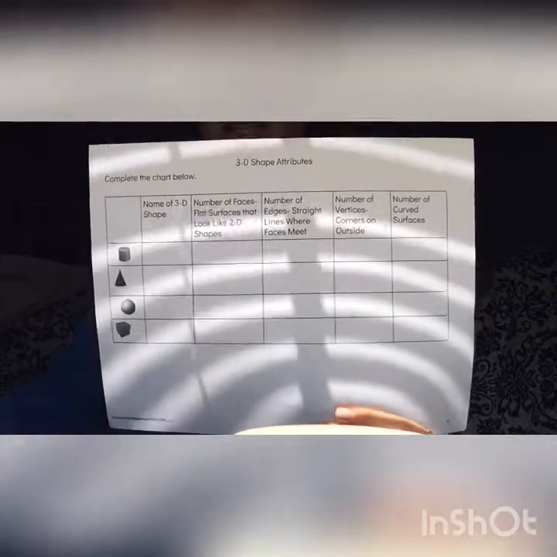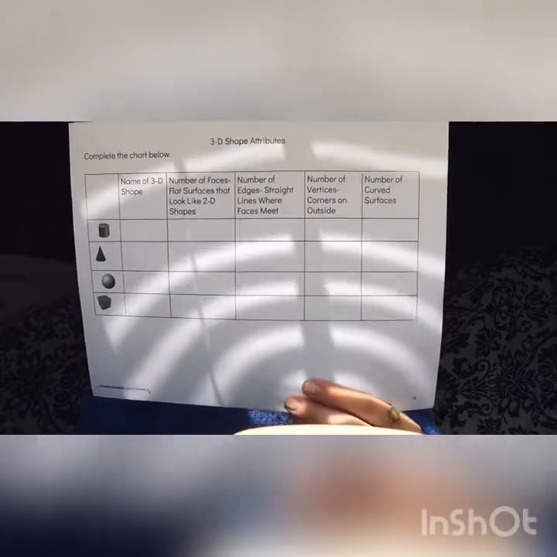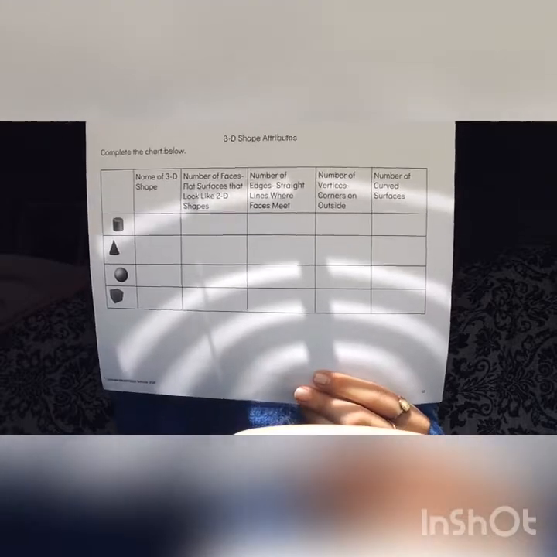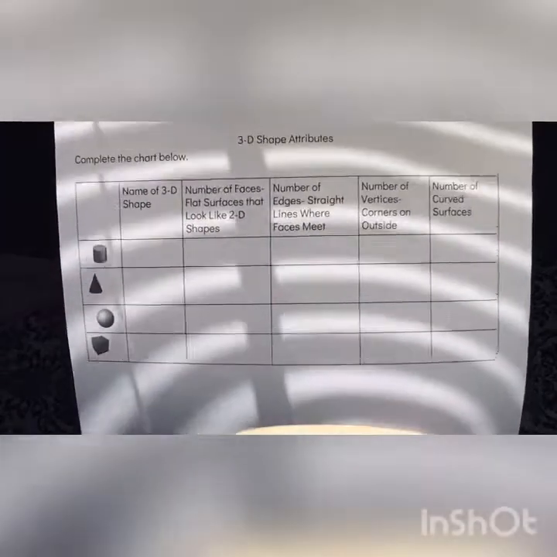And you are going to fill out this chart to tell me the different faces, the different corners or vertex that you see, or the edges, all those different things. But before you do that, we're gonna talk about it. So let me show you.